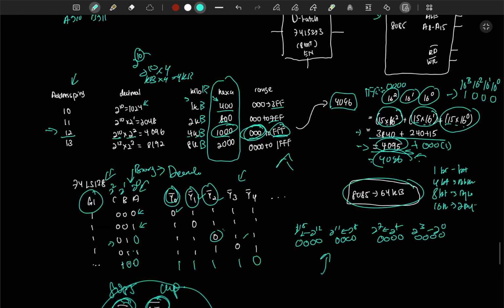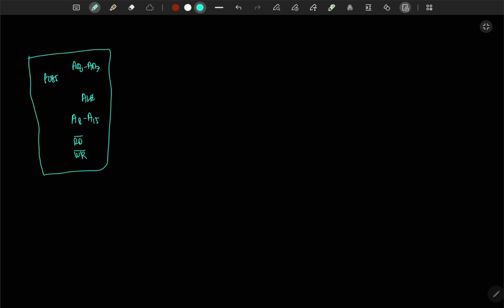So let me actually draw by hand to make sure you guys know what to do on exam day, or whenever you're going to use this, maybe, God knows. AD0 till AD7, then we have ALE, then we have A8 till A15, then we have read and write. This is the block diagram. Then we have the D latch.